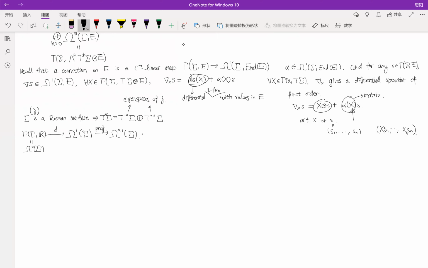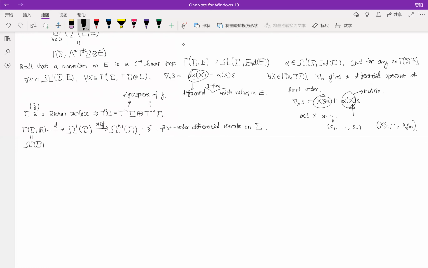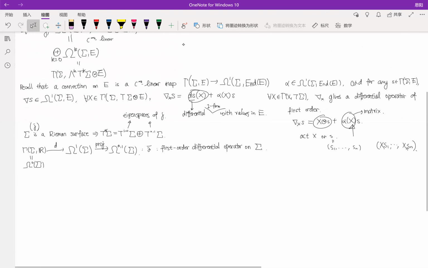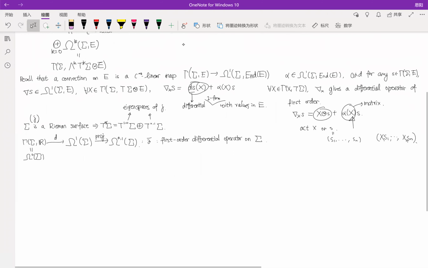We write this composition as d bar. And this will be a first order differential operator on sigma, which is very natural because we know that this projection is just the standard d bar in complex geometry.